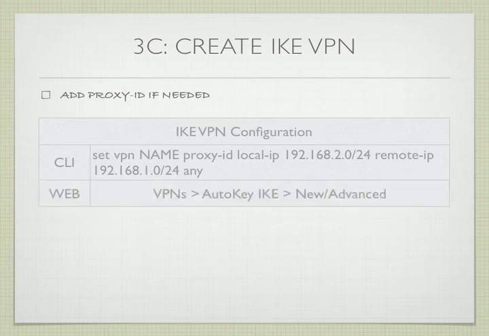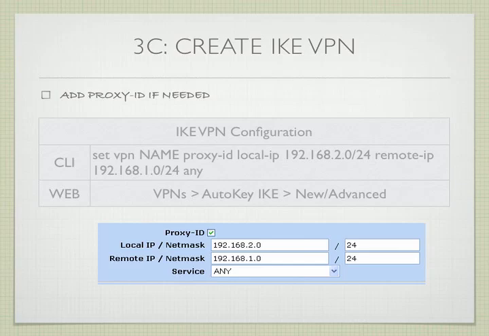So on the web interface, there's this section on the web. This is the interface for version 6.2 and earlier. In version 6.2 and earlier, you can have only one configured proxy ID pair. So this is a restriction of the software.